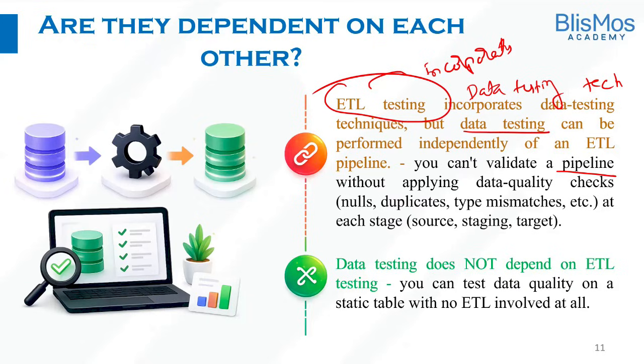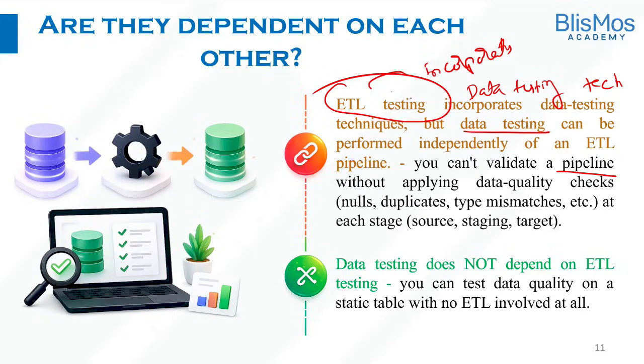You can perform data testing without any ETL pipeline at all. For example, take a production database containing customer information. We can check for missing values, invalid email addresses, duplicate customer IDs, and any broken relationships without moving the data anywhere. This is pure data testing.